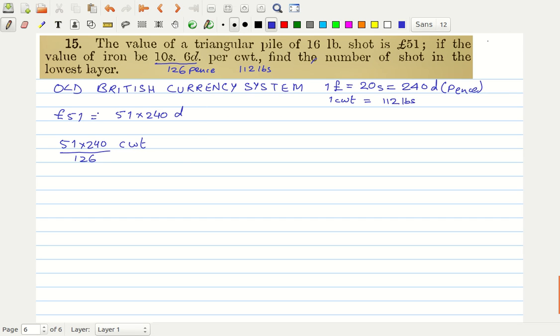We can buy this many CWT of iron, and if we multiply this by 112, we will get this many pounds.